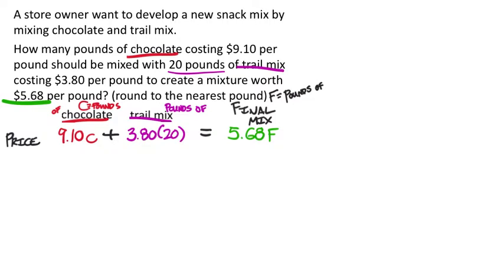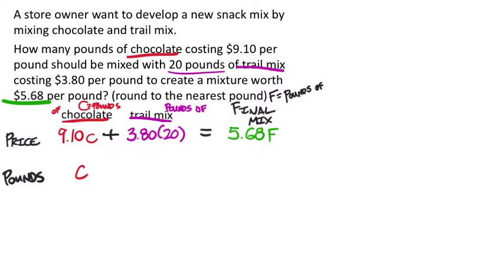What was the other quantity that was given to us? It's pounds. We got pounds of mix, pounds of trail mix, and then pounds of chocolate, right? So the next equation is based off of the pounds. Okay, so how many pounds of chocolate were there?